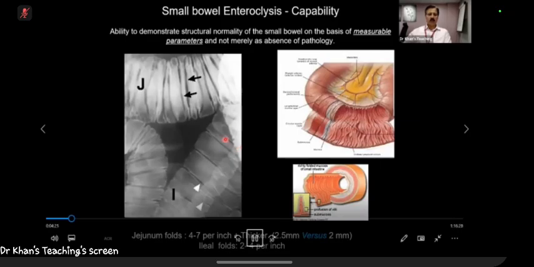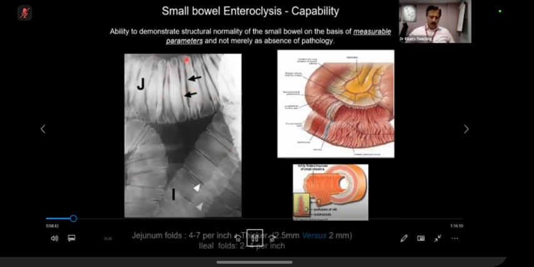So if you just concentrate on this concept, and this is a very important exam concept, on this spot film of small bowel enterocolysis, you can see that these are the jejunal folds.